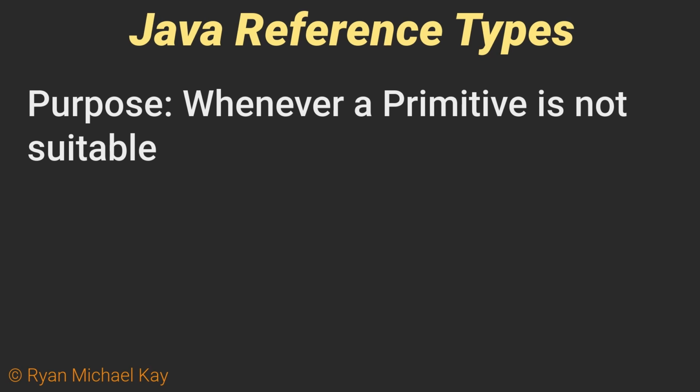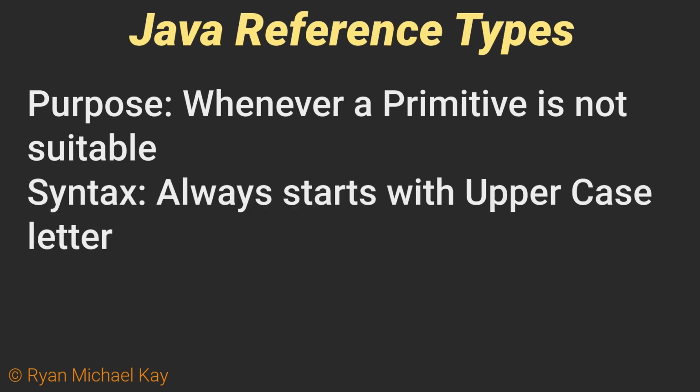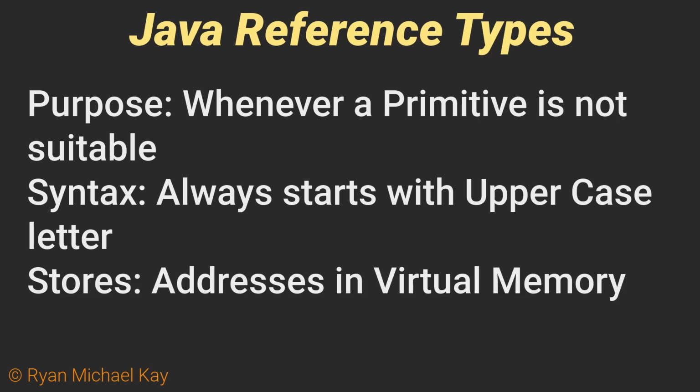That is a vague answer, but do not worry, we will be looking at many of these situations in detail soon. Two important differences between reference and primitive types are that reference types always start with a capital letter, or at least they should, and, unlike primitives, they store memory addresses instead of values.